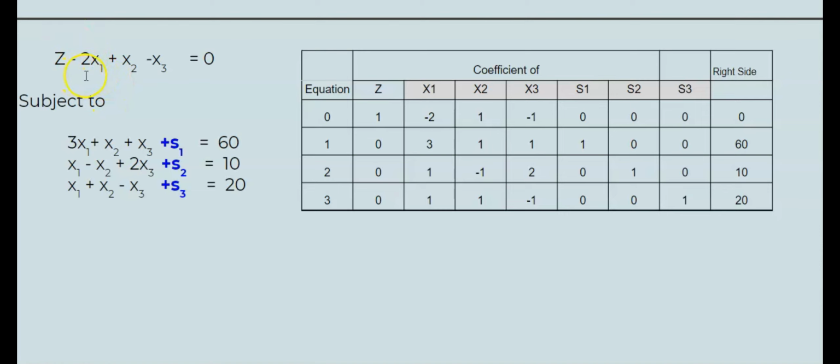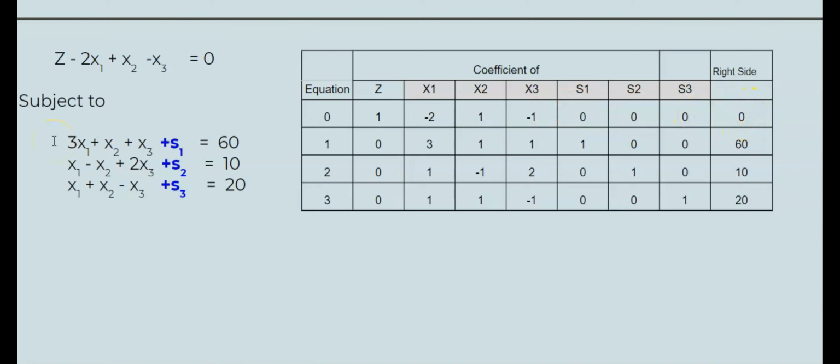For x2 the coefficient is positive 1. For x3 it is negative 1. And I do not have any slacks, so I put zeros for the slack variables. Then on the right-hand side, since it's equal to 0, I'm going to put 0 right there.